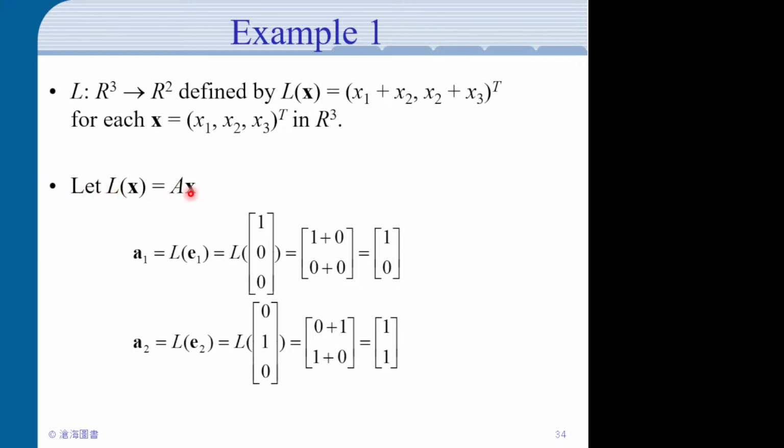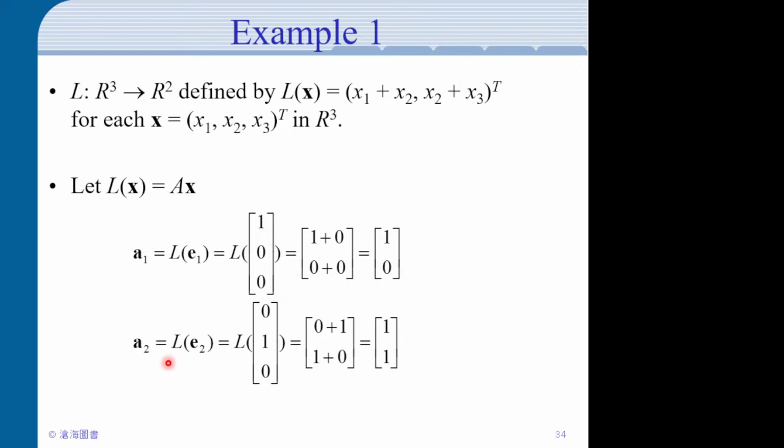L of x equals A times x, and the input has 3 dimensions, x1 to x3, so we should have 3 columns, a1 to a3. And a1 is L of e1, L of 1, 0, 0, and only x1 is present, so there should be 1 plus 0 and 0 plus 0, and it's 1, 0.